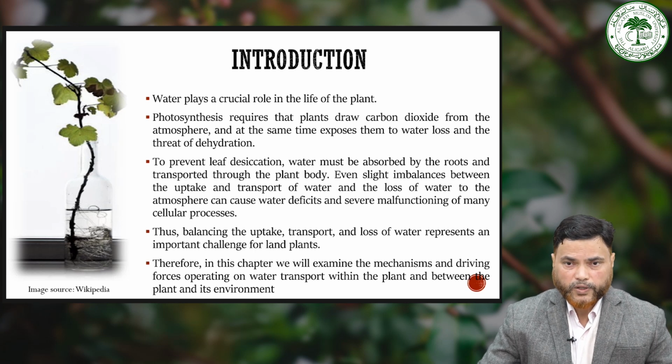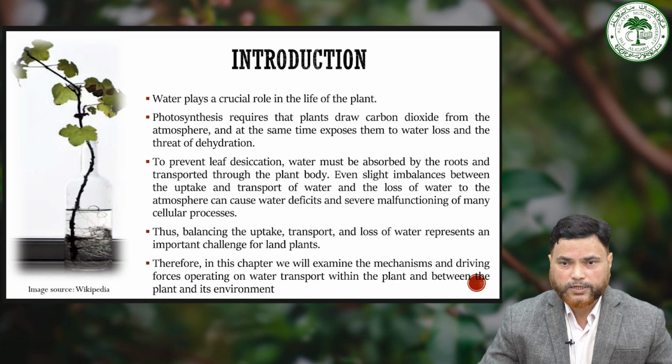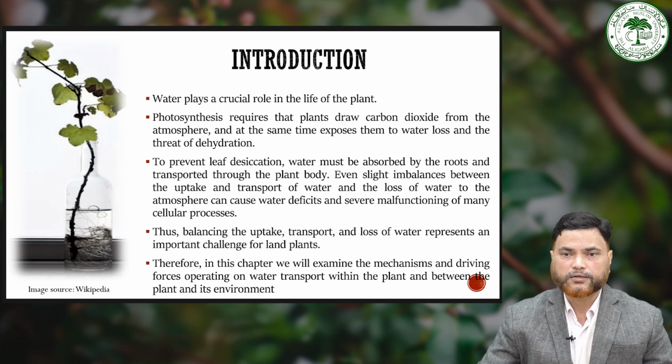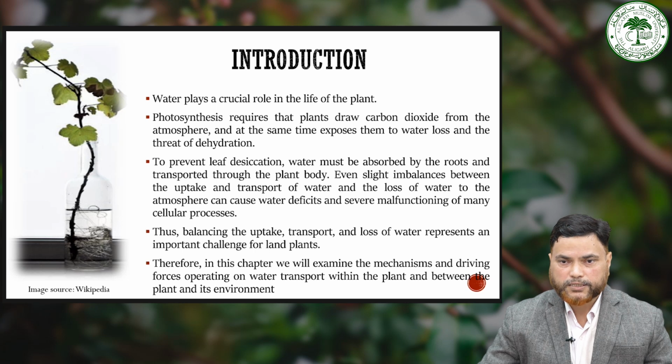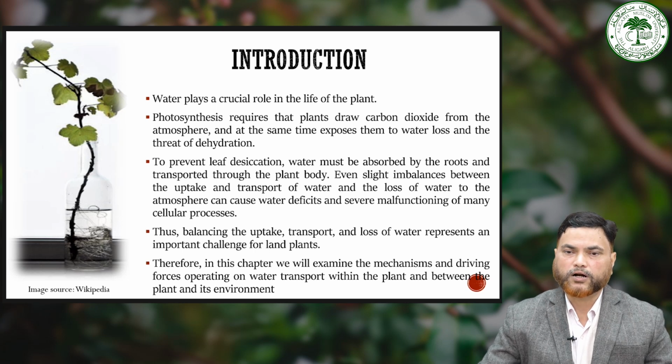It is very important to understand that in order to maintain the water balance and to prevent desiccation, plants absorb water from the soil through the roots, and it is then translocated throughout the plant body.